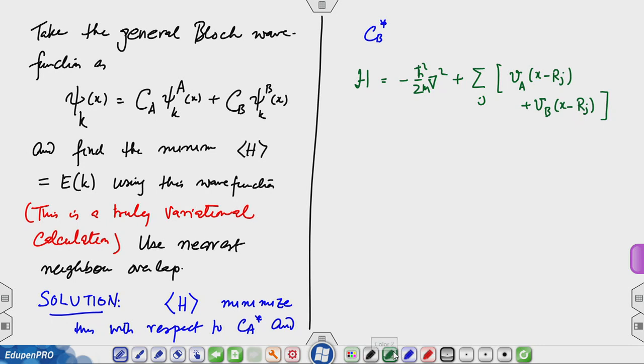Now, the setting up of the problem is quite easy. When you take psi(x) and calculate the expectation value of H, this is going to be C_A psi_A plus C_B psi_B.